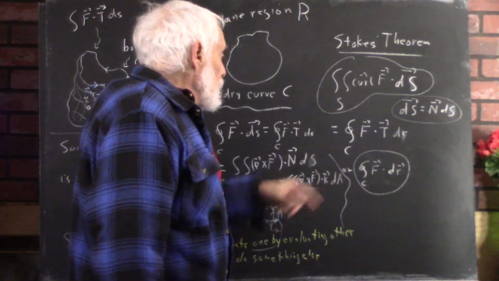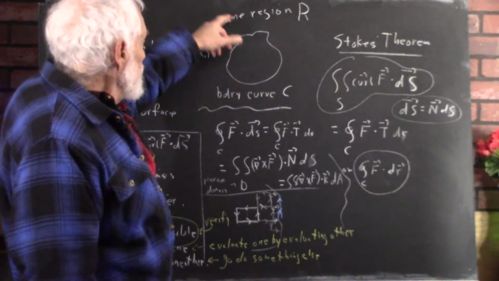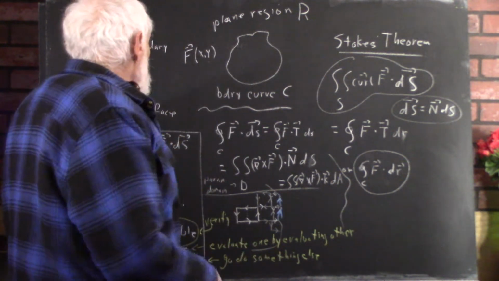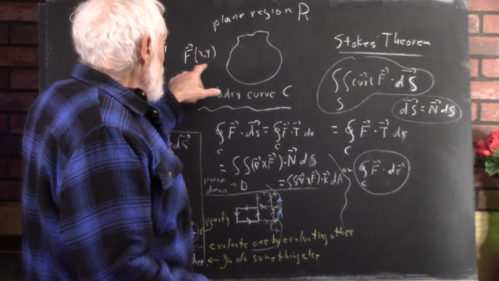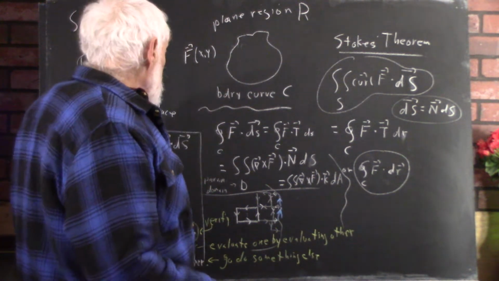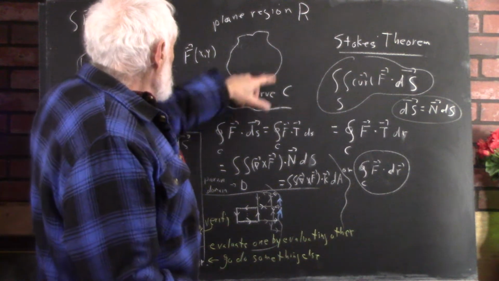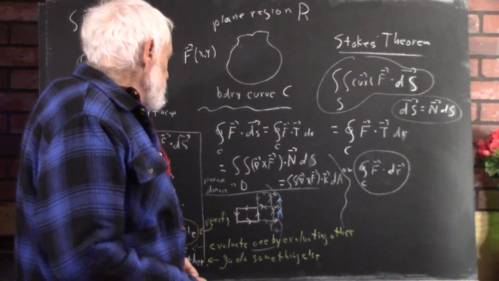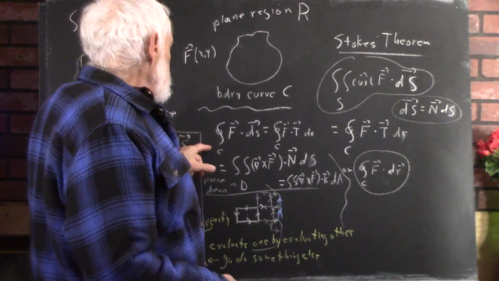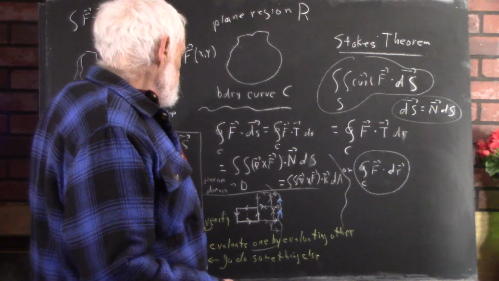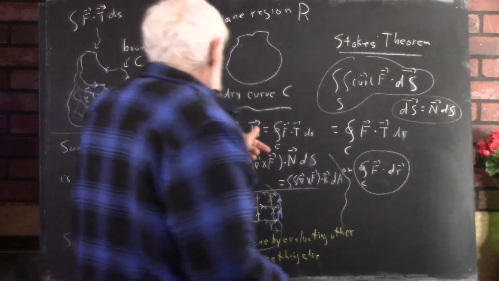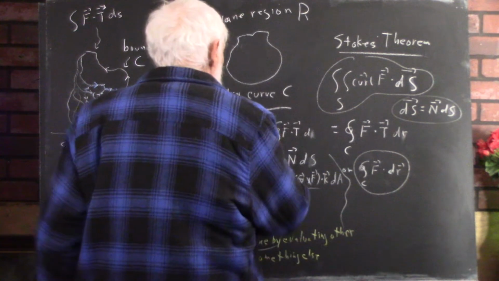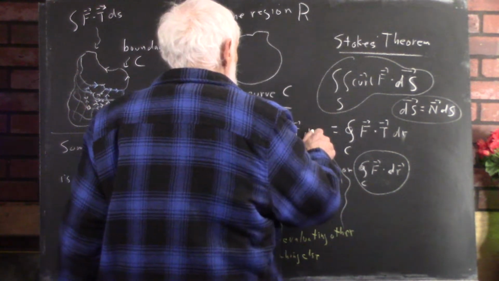Now, this is a whole lot like Green's theorem. If you have a plane region R, let's think in the xy plane, so that you have a vector function f of x, y, and you have a boundary curve here. Remember, Green's theorem says that the integral, I'm going to make that a dr, of f with respect to r.